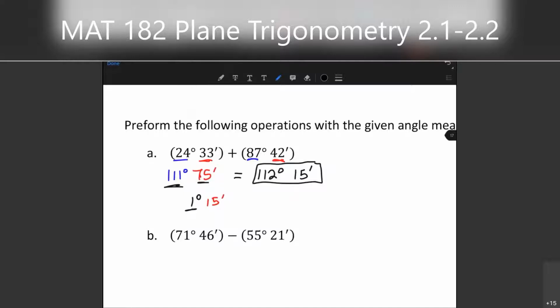So let's go ahead and you guys try part B here with this subtraction. If you find a solution, go ahead and put that into the private chat to the host, if you will.